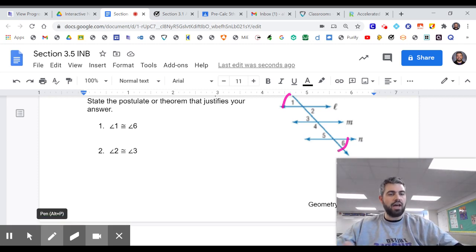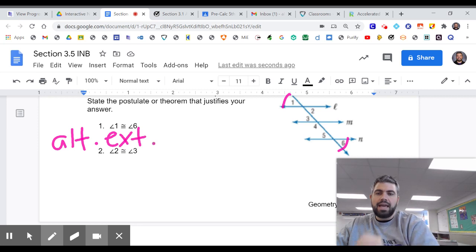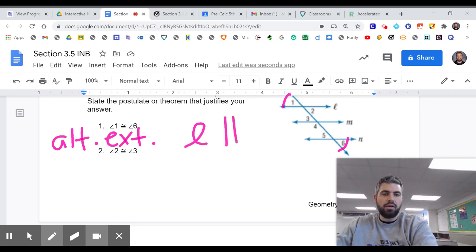So what type of angles are those? And then which lines are going to be parallel? Well, since 1 and 6 are on the outside and they're alternating, these are alternating exterior angles. And they're alternating exterior along which two lines? So it proves that line L is parallel to line N.